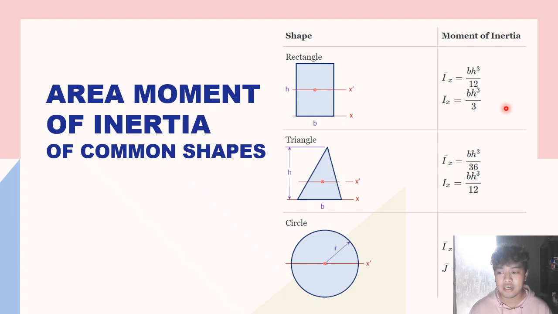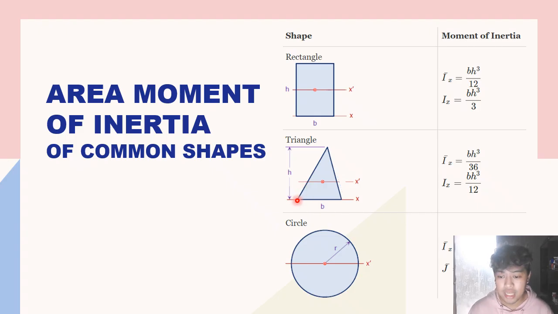For the triangle, we have here Ix equal to bh cubed over 36. The height h is the height that is at 90 degrees to your x-axis or to your base, so that means it is perpendicular to your base.